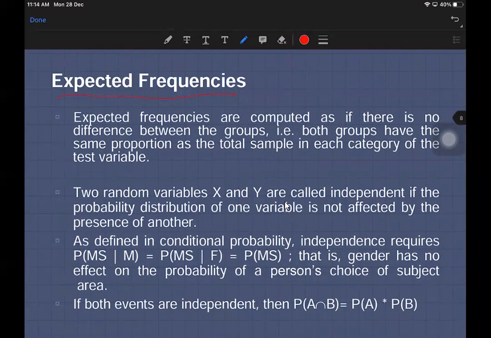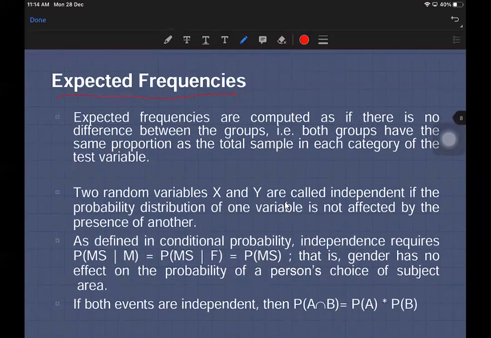So male and female here is not affected. The proportion is the same. So gender has no effect on the probability of a person's choice of subject area. Meaning gender is not influencing the choice of a subject area.